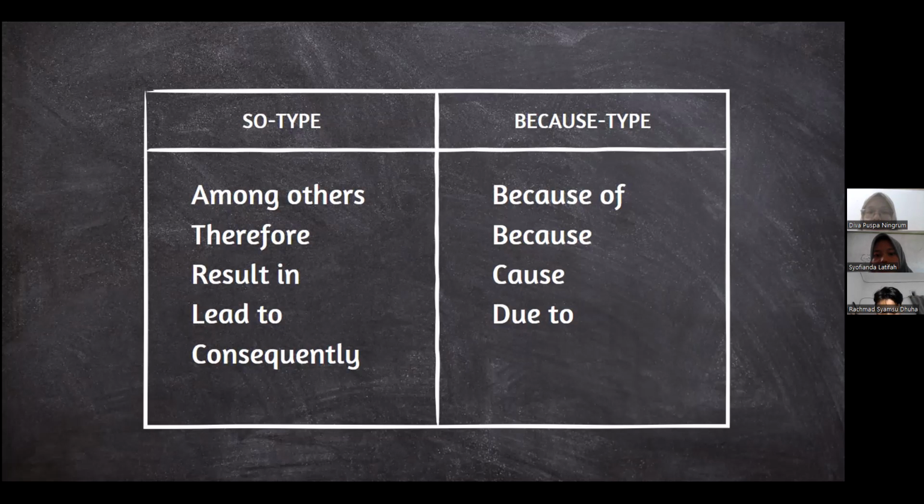There are four conjunctions that can be used, for example, because of, cause, and due to. These four can be used to show the reason or cause of a case. So you can use this to show the cause before giving the result of something.